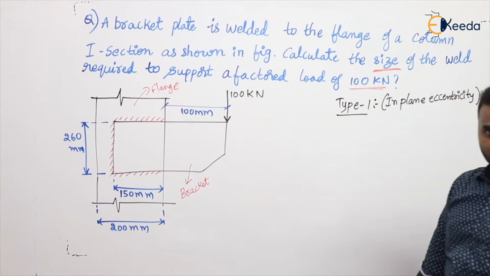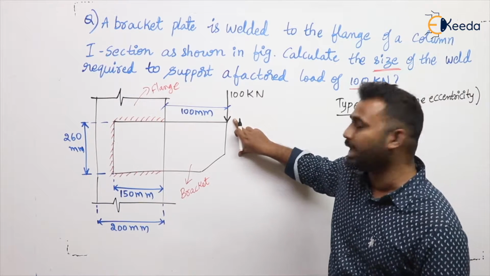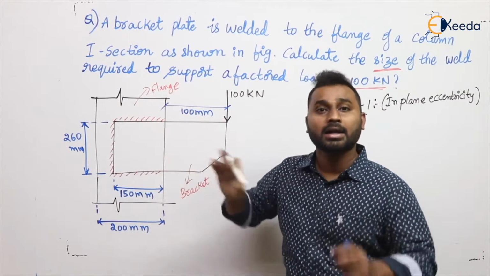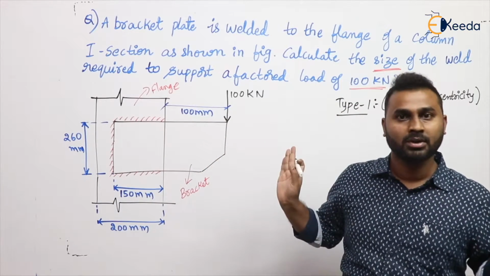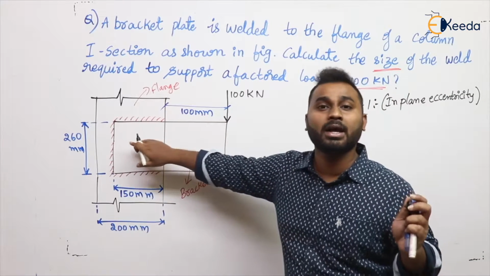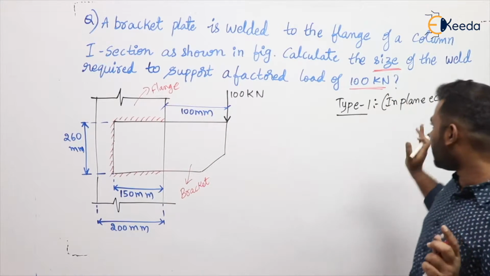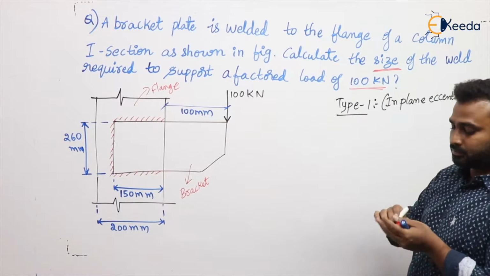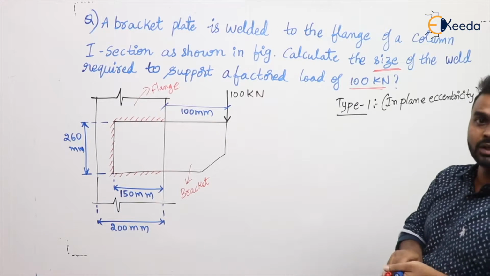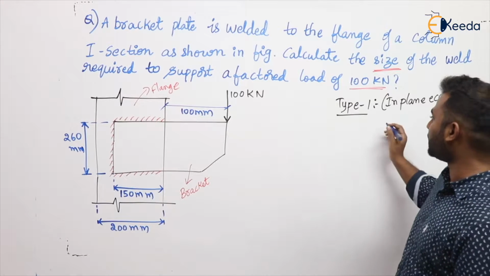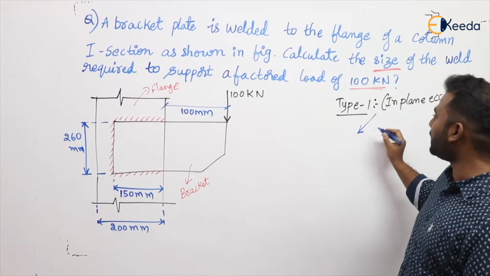In-plane eccentricity means both the loading plane and the weld plane are one and the same. Is that clear? Now, in this type of eccentric welded connection, the weld group is subjected to mainly two effects.